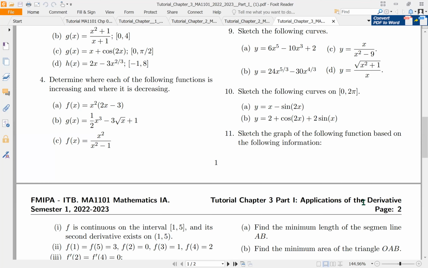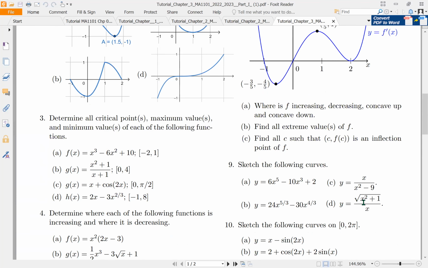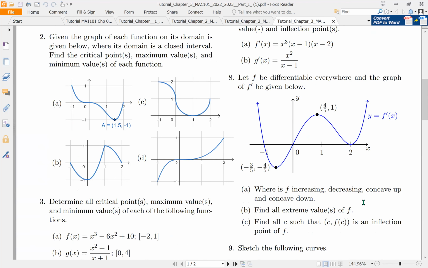Yes, sir. I have a question about number 8 just now. The one that looks like a W. So you said from negative infinity until negative 3/5, it's concave down or up? Concave down, because f prime is decreasing.